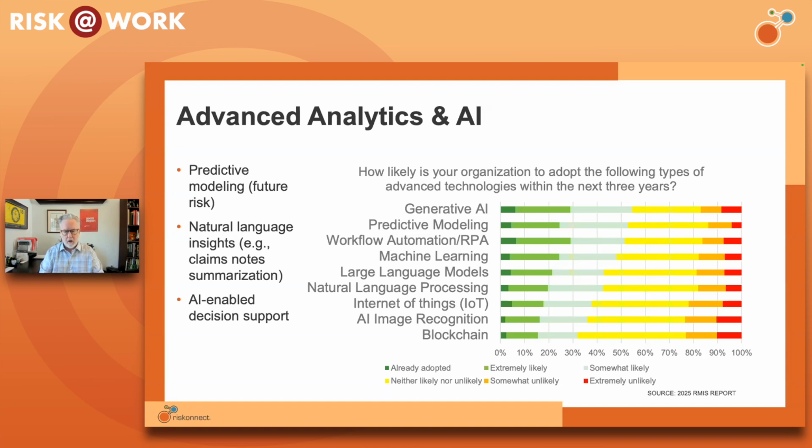They're saying we're starting to identify our use cases. We know where we want to start, but we want it to be part of our core RMIS. We want our RMIS to provide that. We don't want to be cutting and pasting stuff from our RMIS into ChatGPT to summarize adjuster notes, as an example. We want that integrated. And some people are doing that.